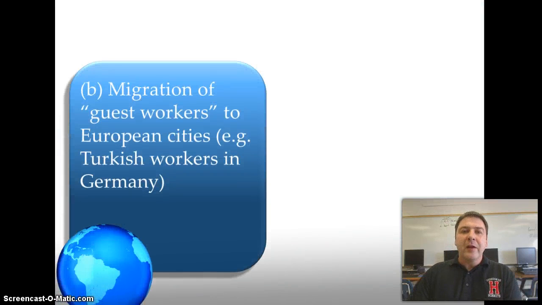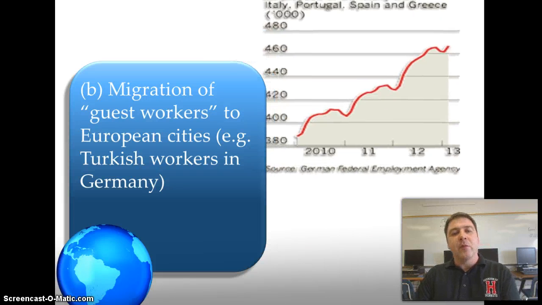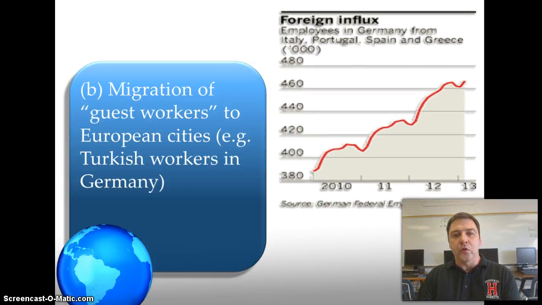Okay, another migration is taking form in the world in the form of guest workers, largely in Europe. We have people moving to European cities to do the work that Europeans themselves aren't able to do, in a lot of cases because of declining population. We see here, for example, Germany.